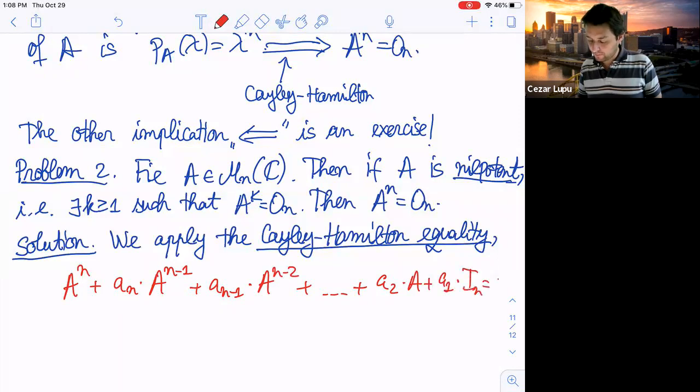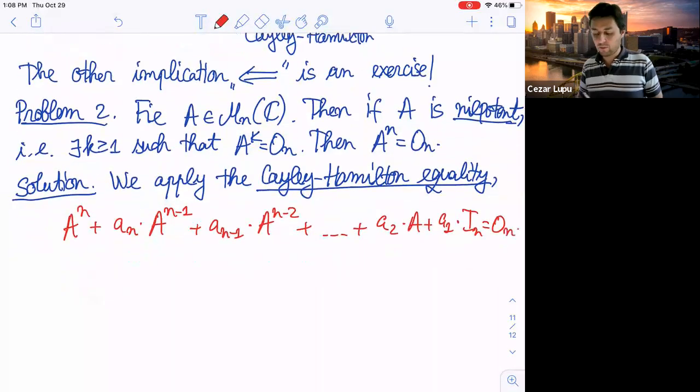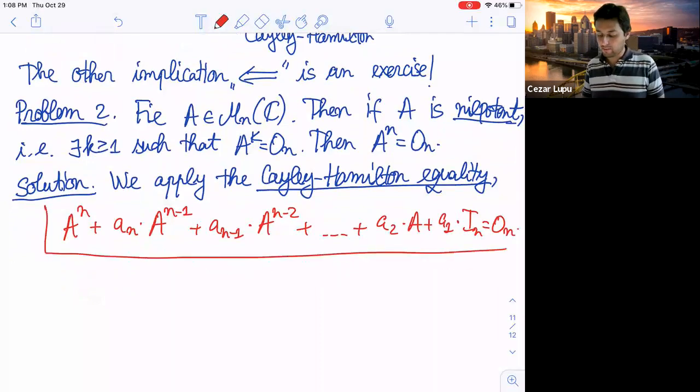This will be the null matrix. So we know this. This is the Cayley-Hamilton.